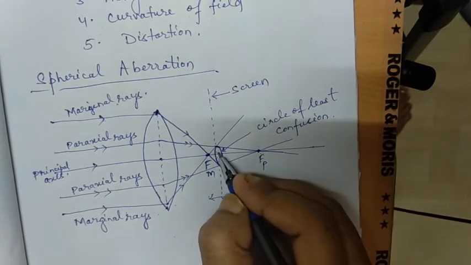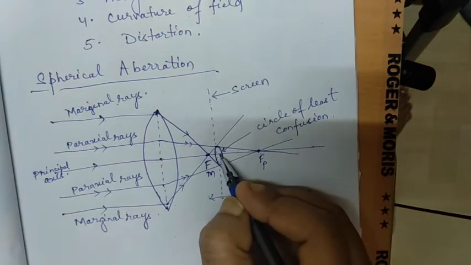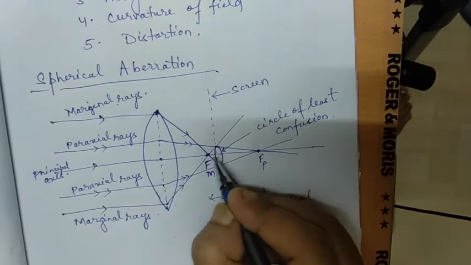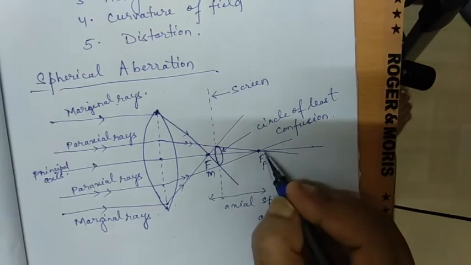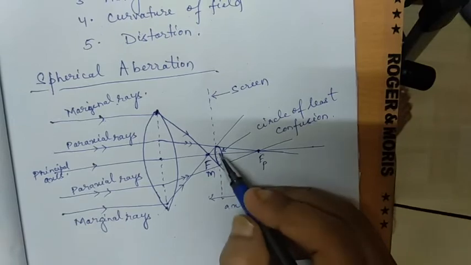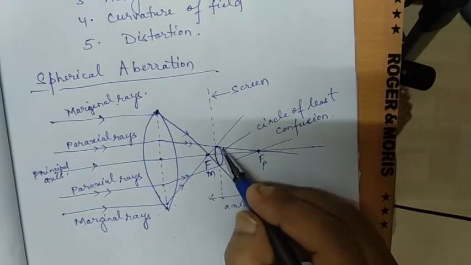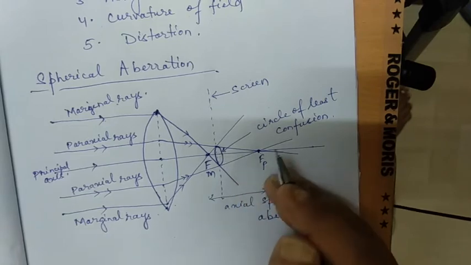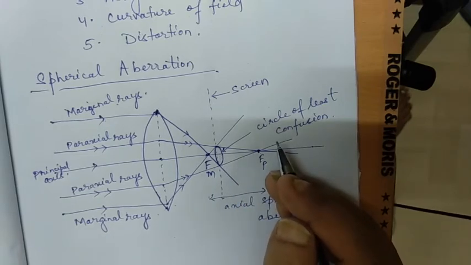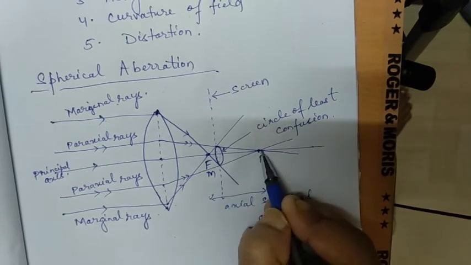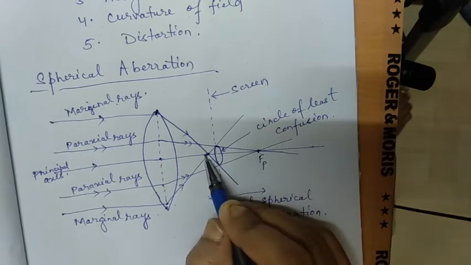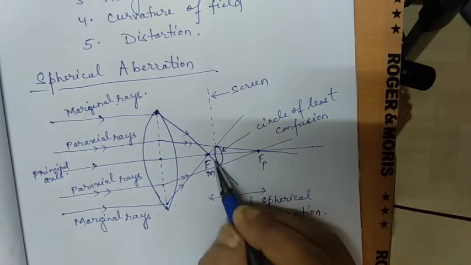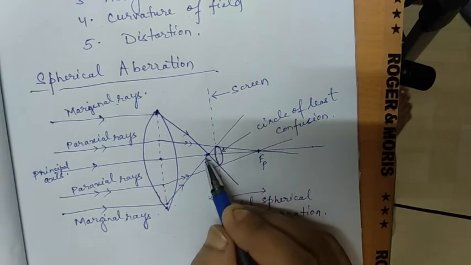Now, as you go nearer to FM or to FP, this circle of least confusion radius or diameter goes on decreasing. As you go towards this point or towards this point, this circle diameter goes on decreasing.